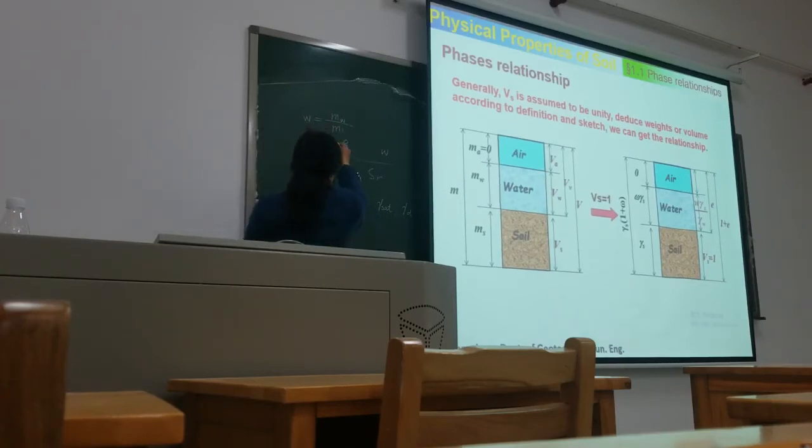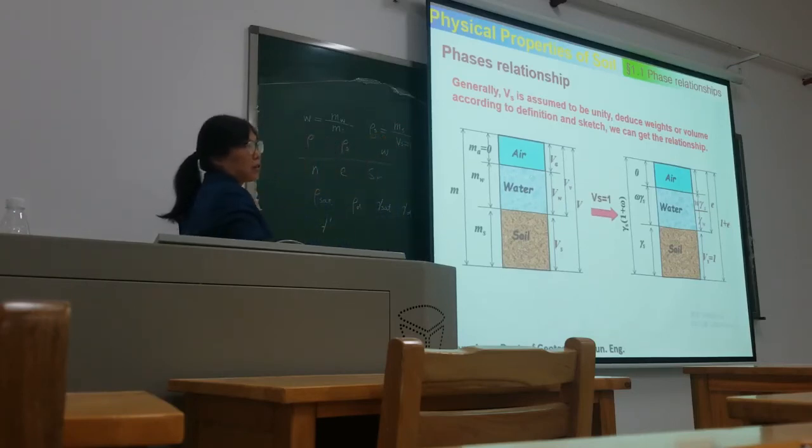And for Ms, we use the density of soil particle, Ms divided by Vs, Vs equal 1. So maybe the Ms equals ρs, okay?